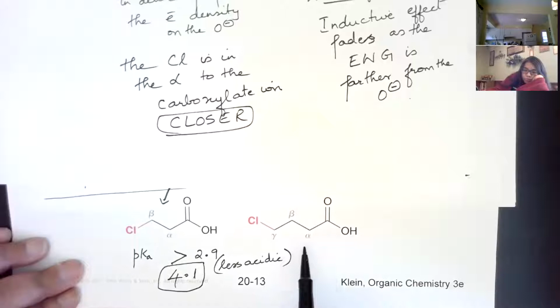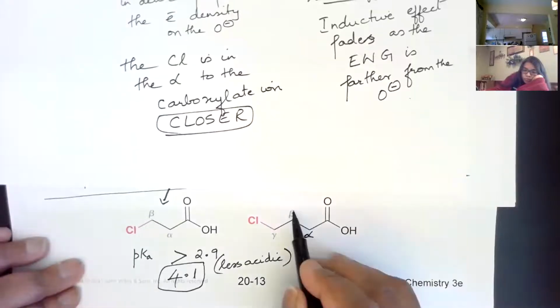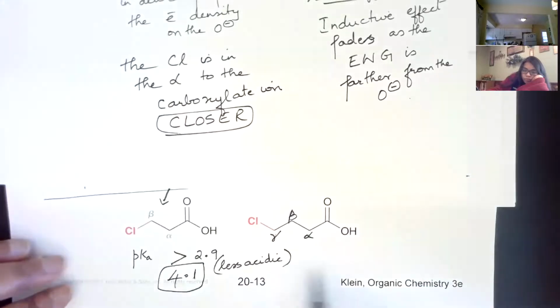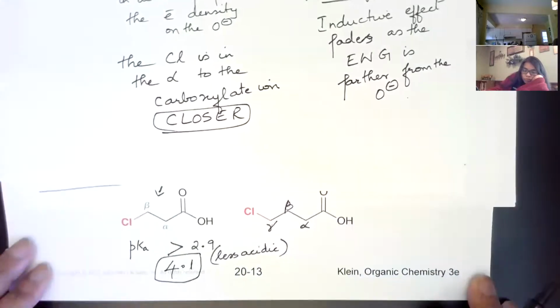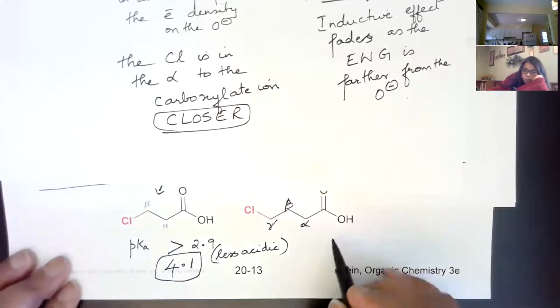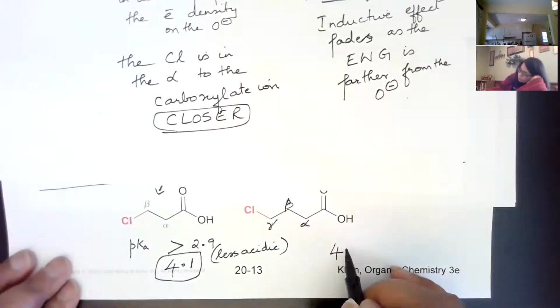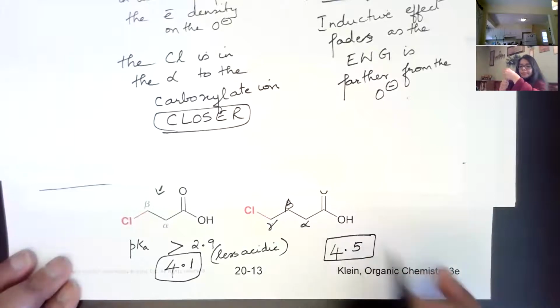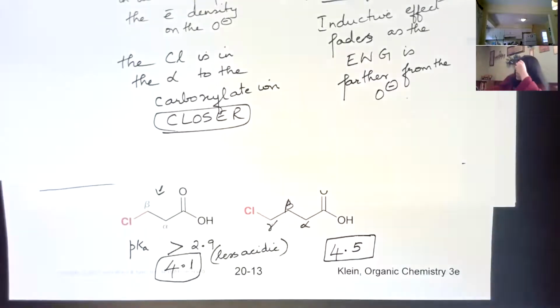And look at this one. This is alpha, this is beta, this is gamma. So what would this be? Slightly higher. It's not a whole lot higher. Okay. So the electron withdrawing group is most effective when it's at the alpha carbon.